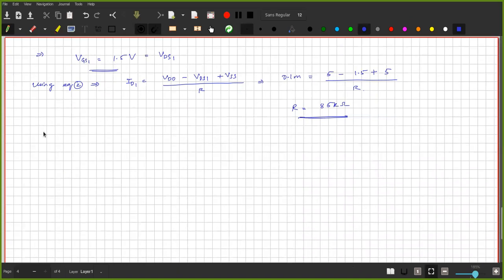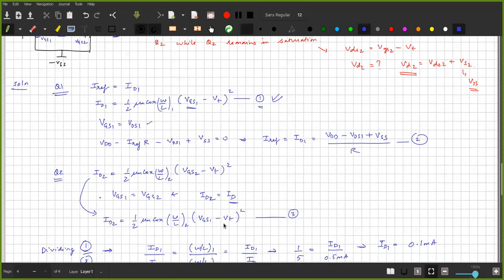Next, find VG1 and VG2. Okay, so I know VGS1 to be how much? 1.5 volts, which is actually VG1 minus VSS, correct?